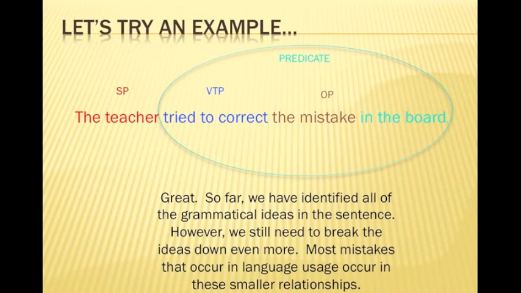However, we still need to break the ideas down even more. We've identified all the things that are necessary, but of course there are other ideas we can see. This is where most mistakes occur. Most mistakes occur in the smaller ideas of these relationships, not necessarily just in identifying the bigger ideas. Again, we've identified the subject, the verb and the object, and so far those locations look fine. So generally the mistakes might occur somewhere else.